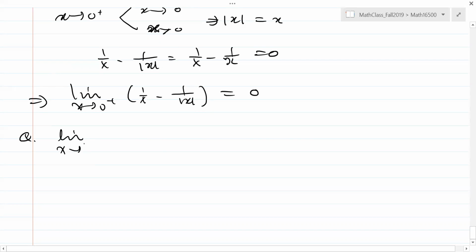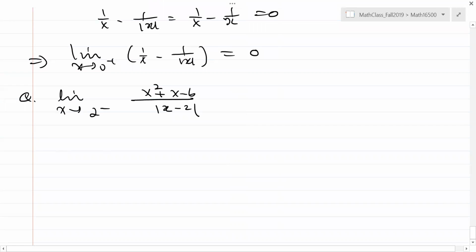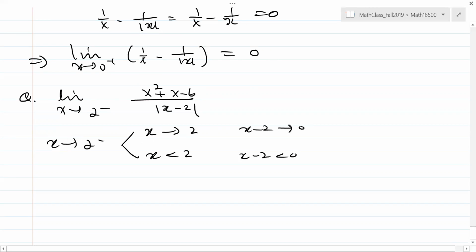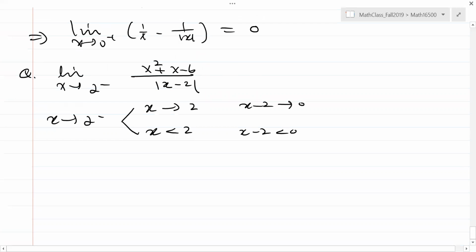Okay, let's try another one. You have to get rid of that absolute value symbol. Now, x approaches 2 from the negative side. It means x approaches 2, but x is less than 2. Okay. So, in other words, x minus 2 is negative, and x minus 2 approaches 0. Okay. So, since x minus 2 is negative, if you want to make it simple, you have to put a negative sign in front.